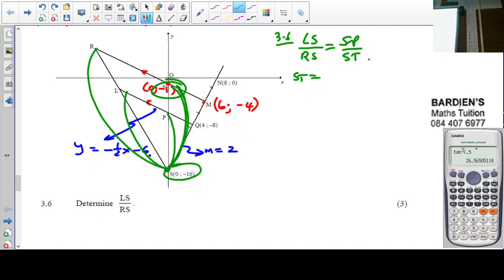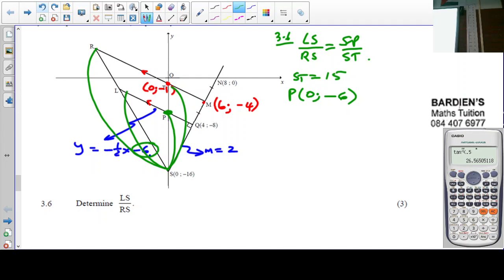So what's the distance between those two values? 15. Alright. Now we need to know what P is. But where am I going to get the coordinates of P? From the equation of that line. So P's coordinate is (0; negative 6), because it is the y-intercept value of your straight line.